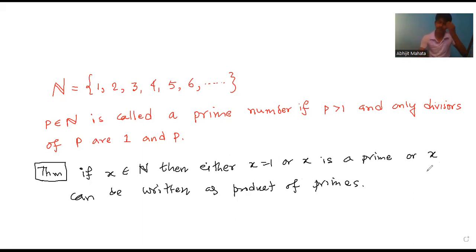So in that sense, you can say that prime numbers are the parents of the composite numbers. Okay, like this. Let me give you an example. If you take, let's say, x equals 12, then 12 you can write as 2 squared, 2 into 2 into 3. So 2 is a prime, 2 is a prime, 3 is a prime, right?